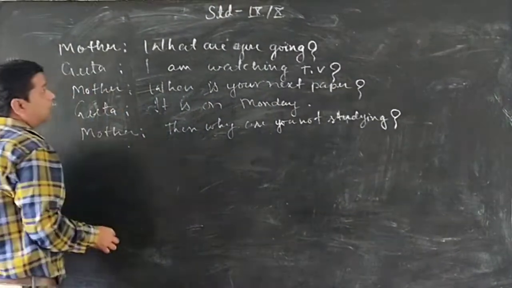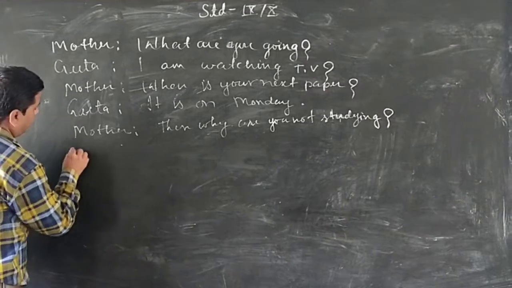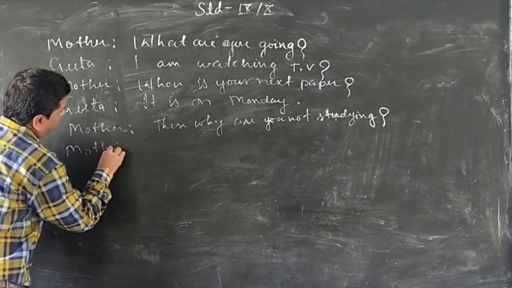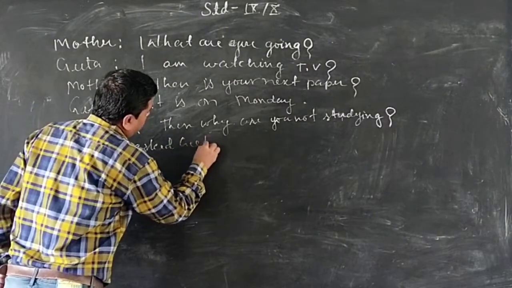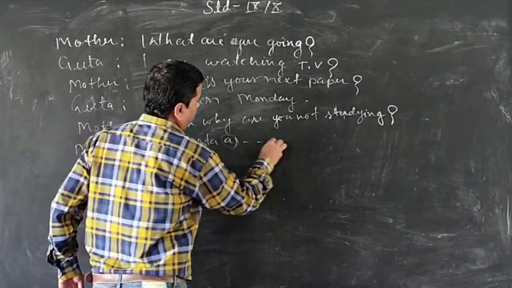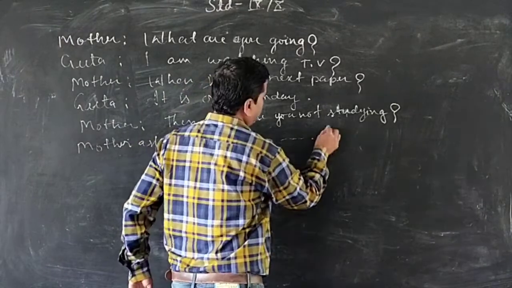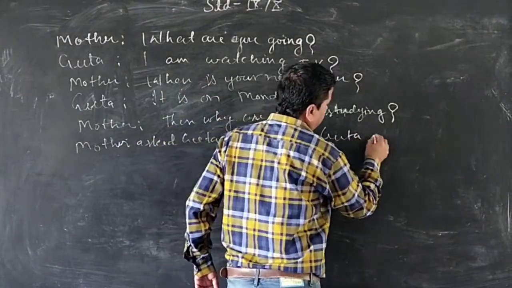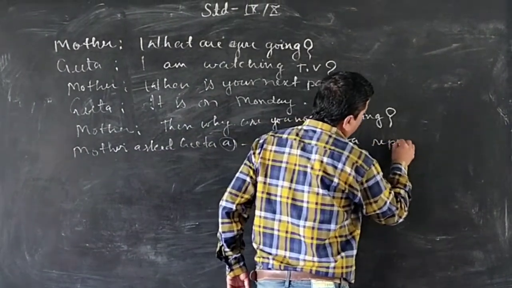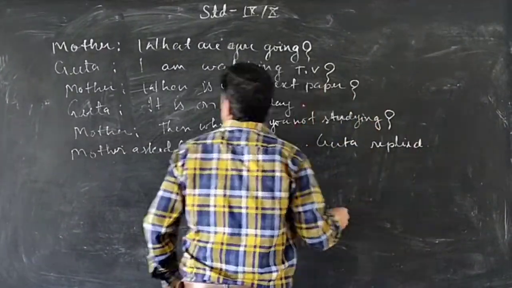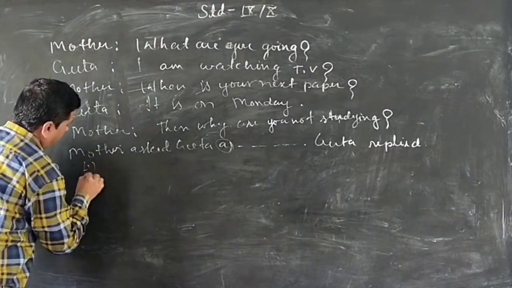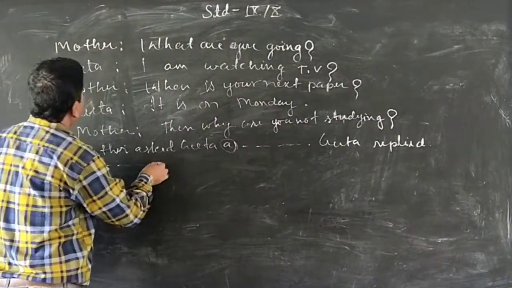Now, your paragraph will be: Mother asked Geeta a number, dot dot dot. Then Geeta replied, the number, dot dot dot.